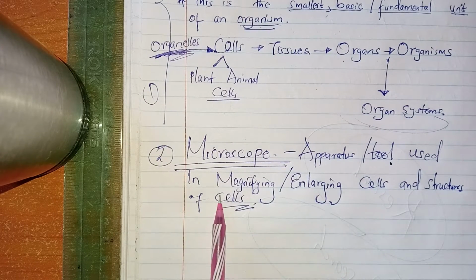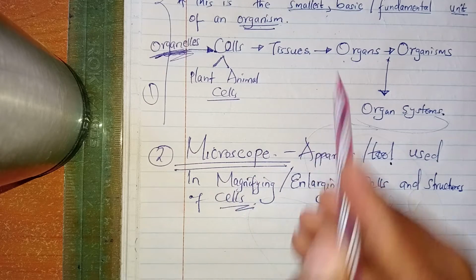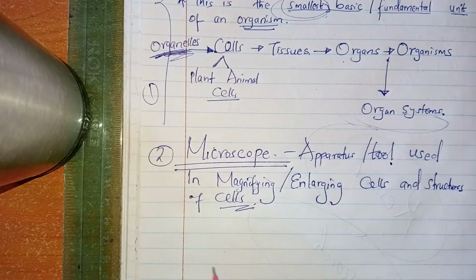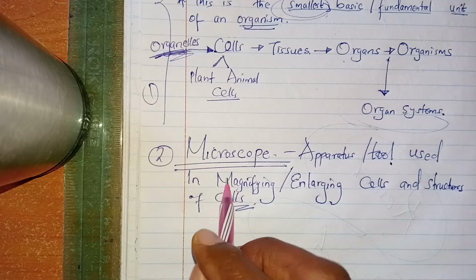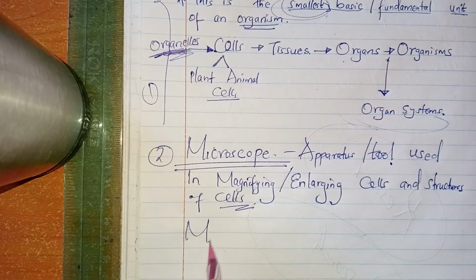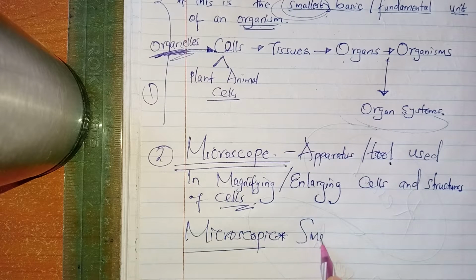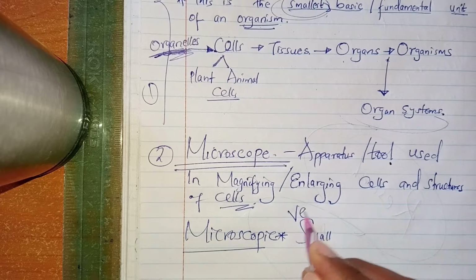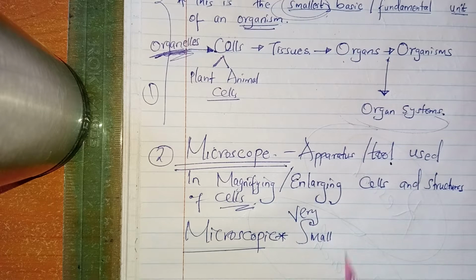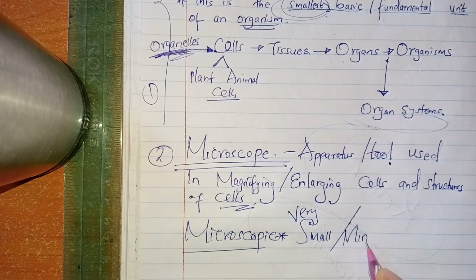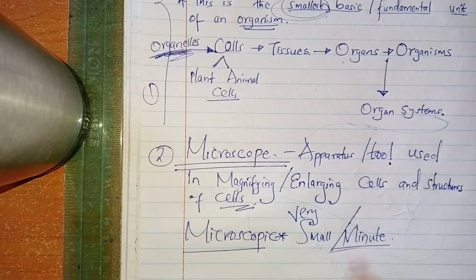But now, cells are very small. We said actually the smallest. So when they are small, we refer to the cells as microscopic. That means they are small. Actually, this one means they are very small. This means they are minute.